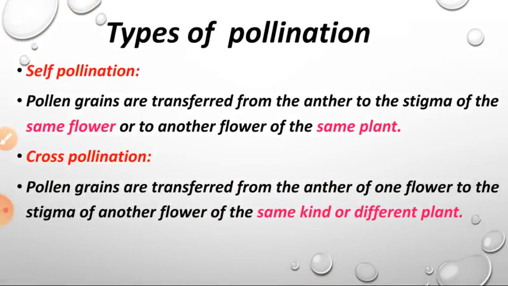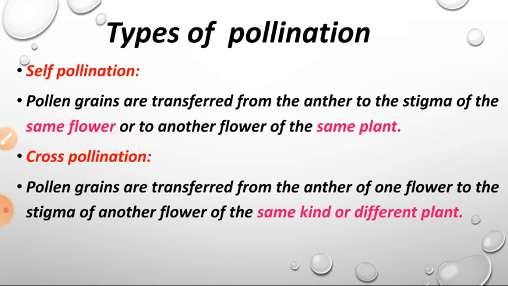Next, self-pollination and cross-pollination. Pollen grains transferred from the anther to the stigma of the same flower, or to another flower of the same plant, is known as self-pollination.